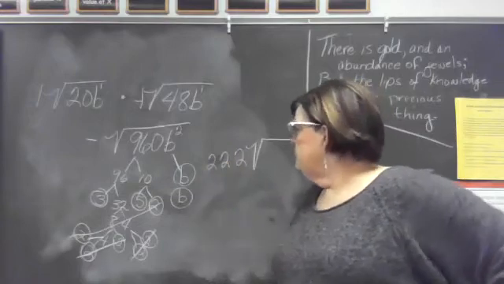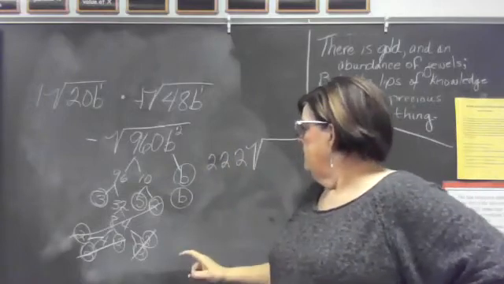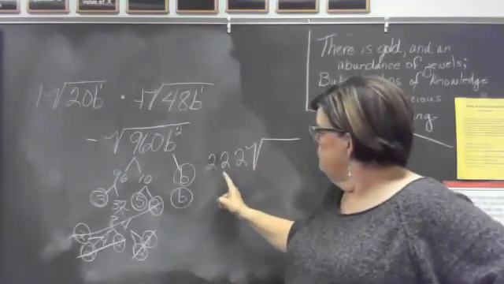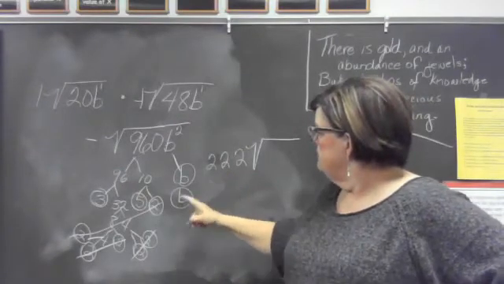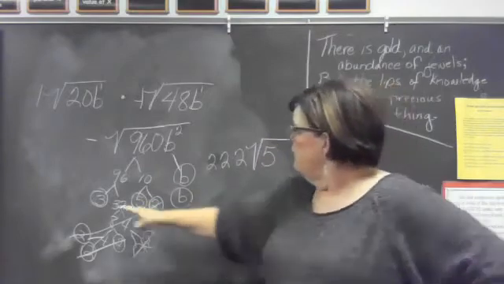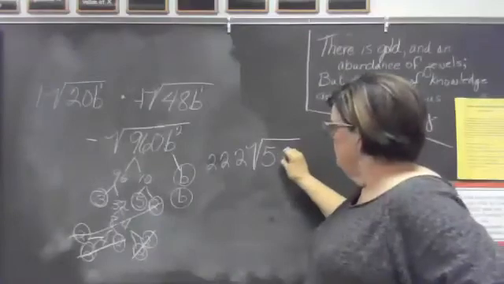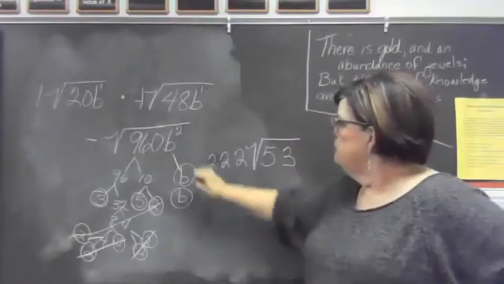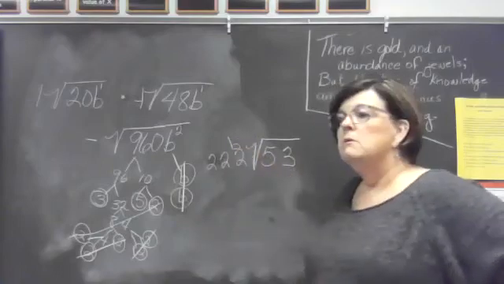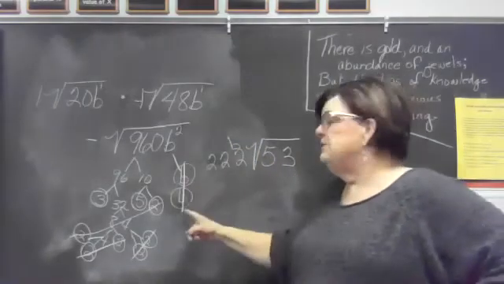Mark a group out, write it. Okay, now so far we have 3 groups of 2 that got to come out. 5 does not have a group. 3 does not have a group. Here's a group of B's though, so I've got a B group. Okay, we treat it the very same way.